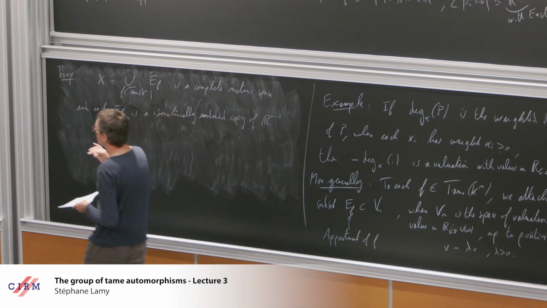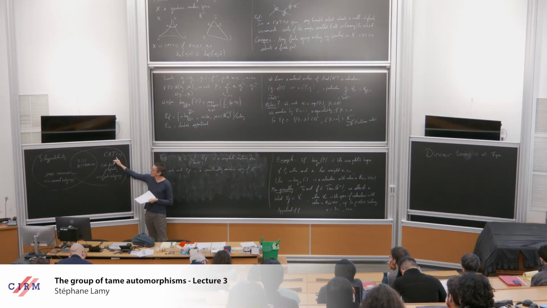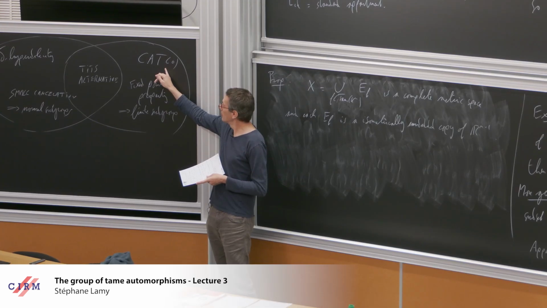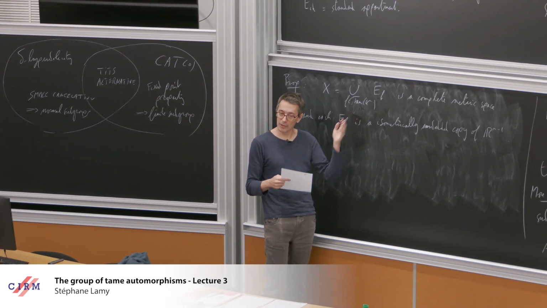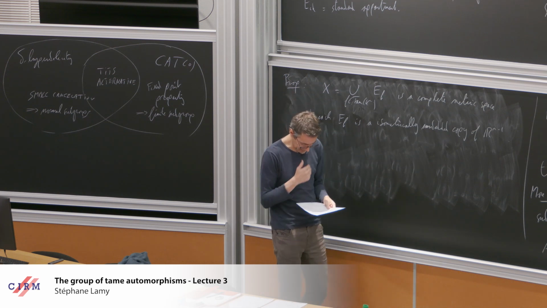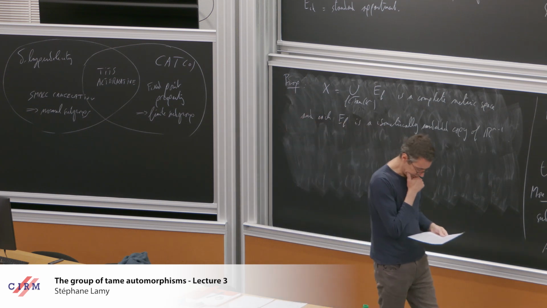And for CAT(0), you really want a connected space. In fact, you want simply connected. So that's the reason why, in some sense, it's natural to restrict to tame, because it claims a connected component.